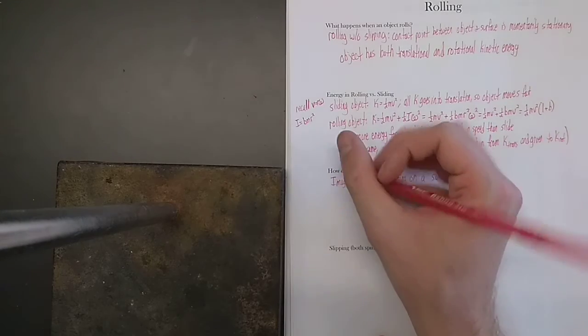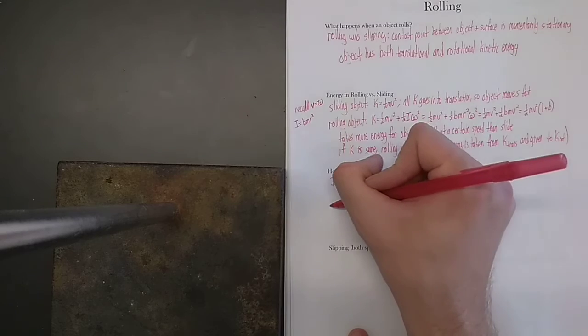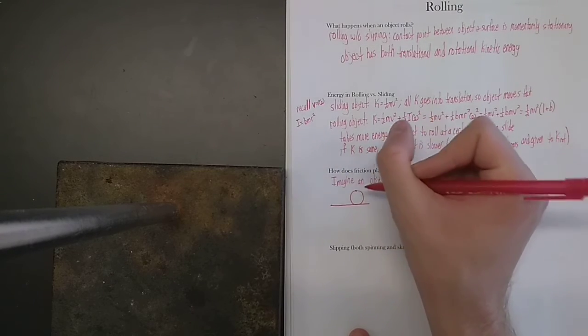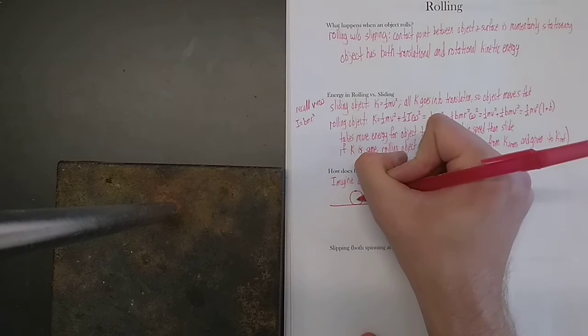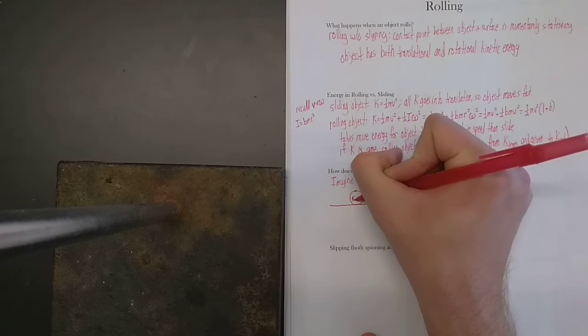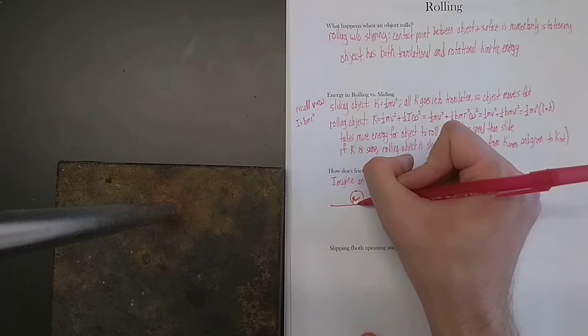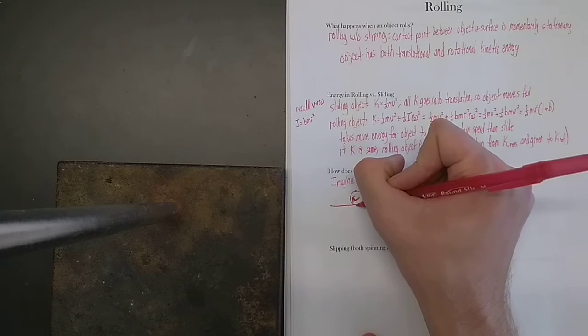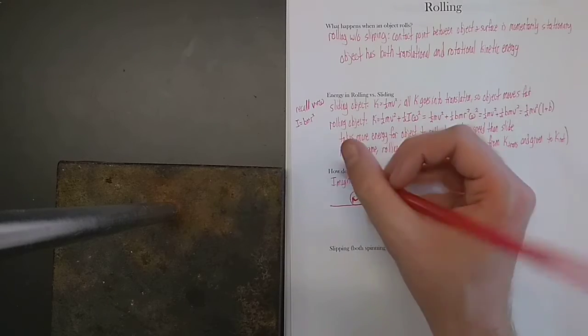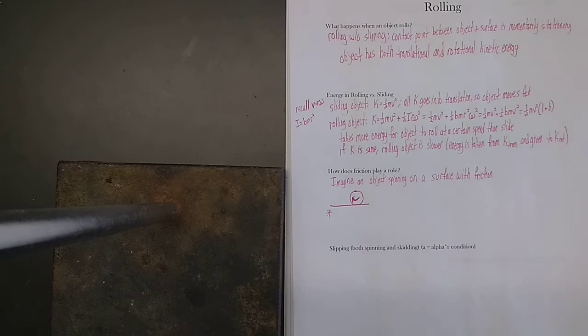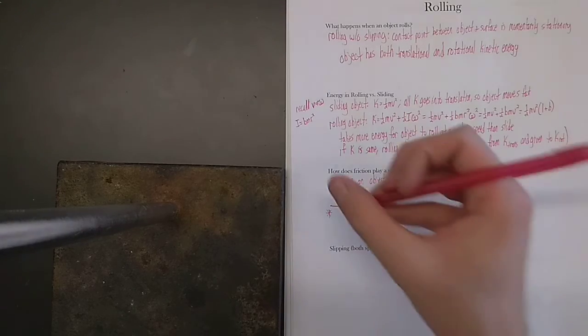So let's say we have our object here, and it is rotating this way. I know I kind of drew this wrong, but it's in contact just at one point right here. Imagine it's like a tire. The tire is being turned by some internal torque from the engine. So let's say that this thing is already rotating.